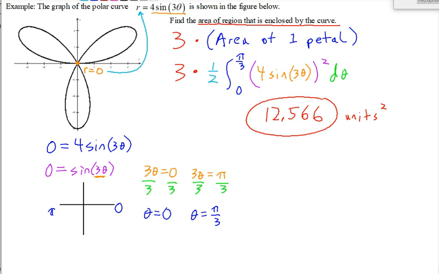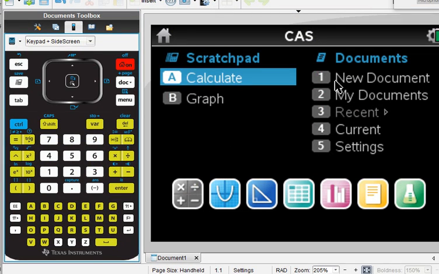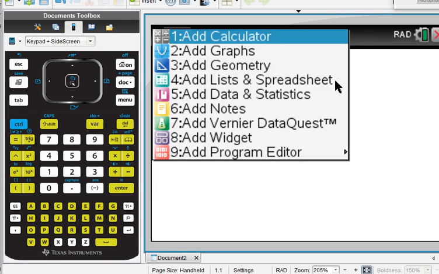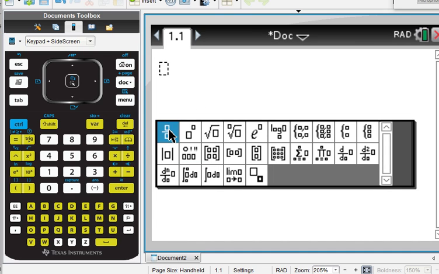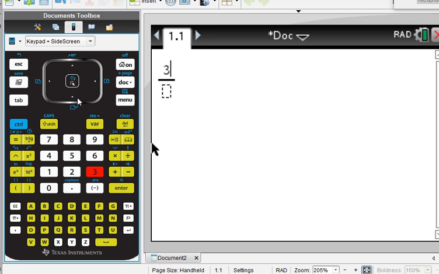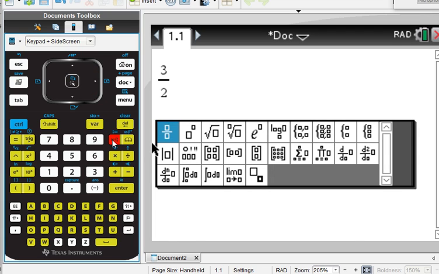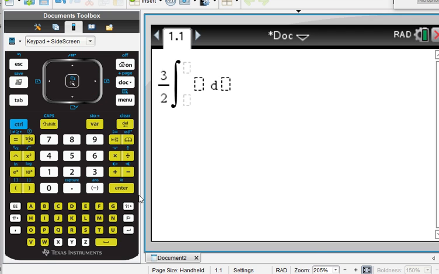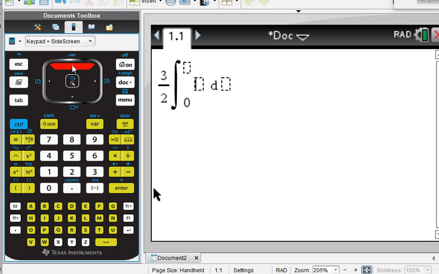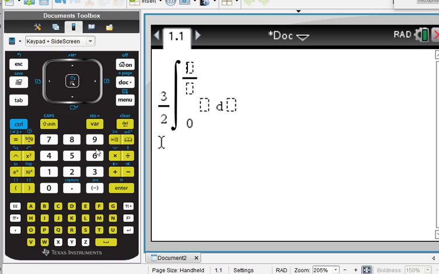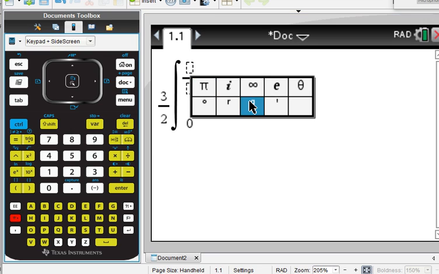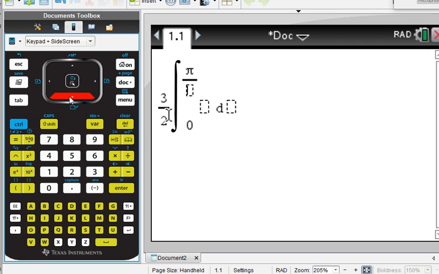Or on the Inspire, if you have that one, you can just go new document. Here you don't even need the graphs, you can just add the calculator. And if you want, you can even make it 3 times a half is just 3 halves out in front. And then the integral right next to the 9 here, from 0, and you can do the fraction here. Pi is right here, over 3.